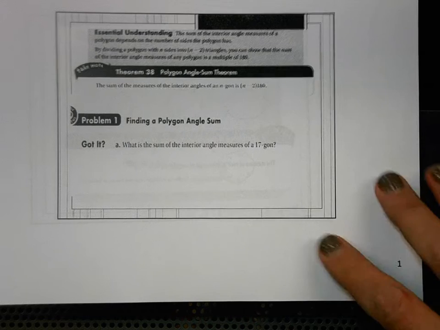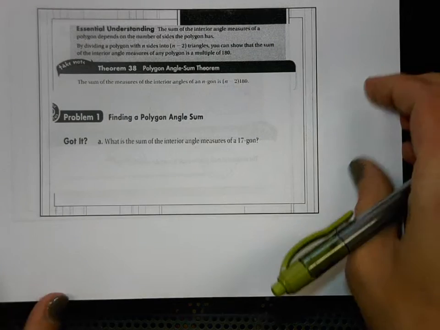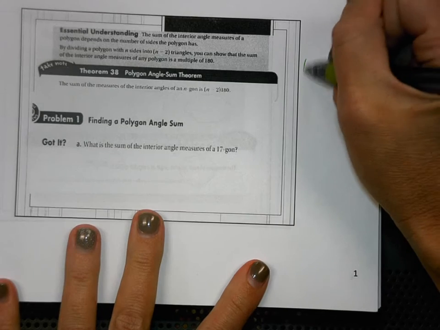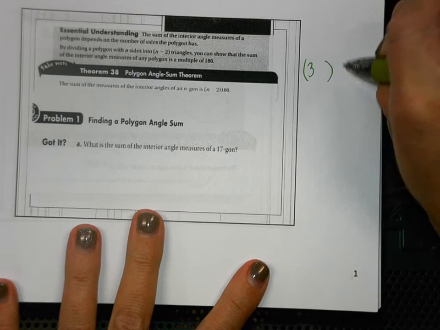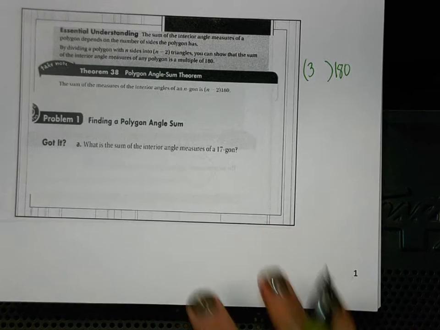You can figure out the interior angles of any polygon. Think about a triangle. How many degrees inside do all triangles have? I know that a triangle has 3 sides, and you're always going to end up multiplying by 180.